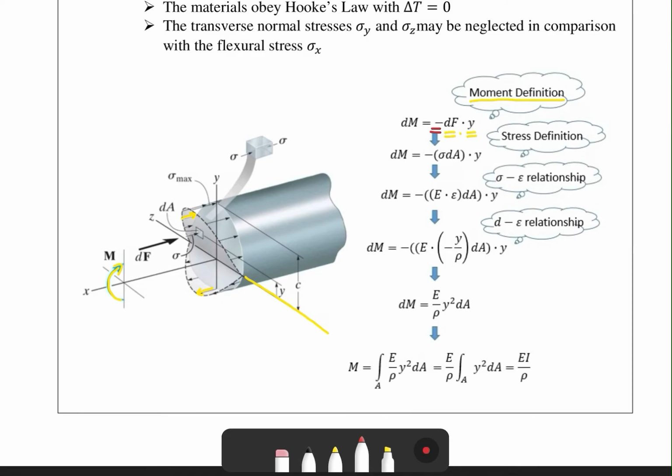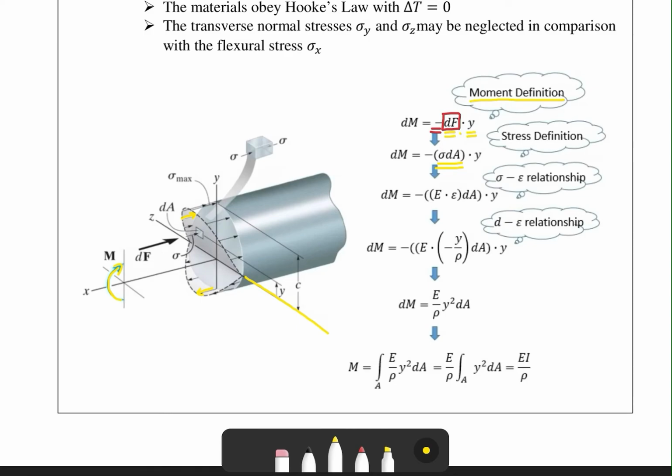So don't forget about it. And then take a look at here, we have a dF here. In order to find out what dF is, the force on the differential area here, that's going to be the stress times the area. So that's why you can see we rewrite dF in the stress times area form.